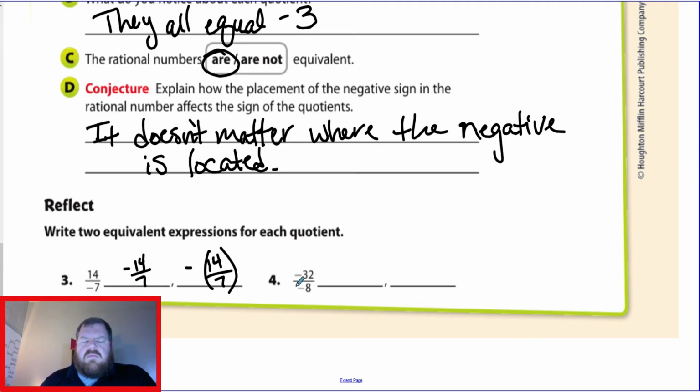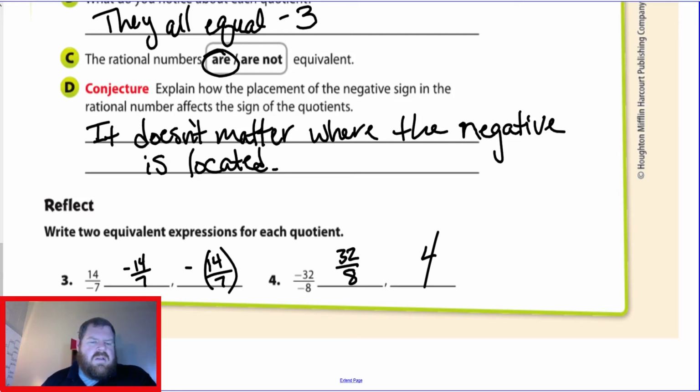For this one, we have 2 negatives, which actually is just going to be the same as positive 32 divided by 8. And then it's kind of tough to come up with another one, because, yeah, we could say that. That's probably what I would go with.